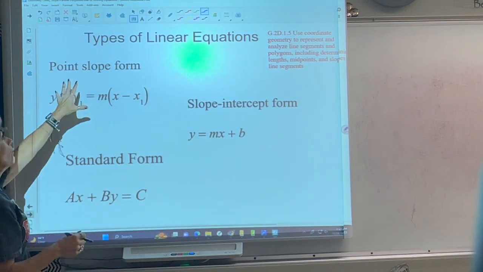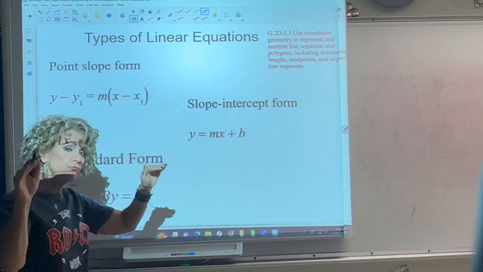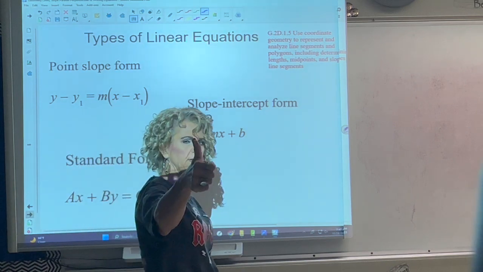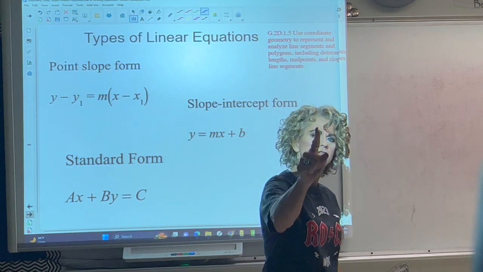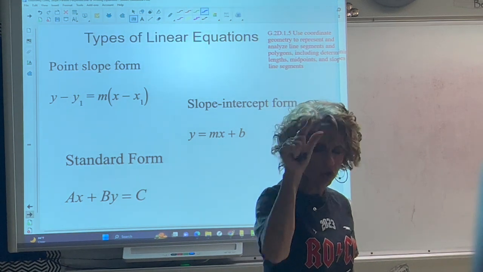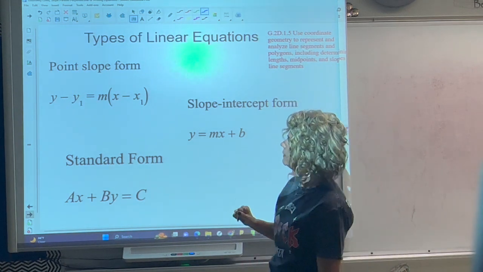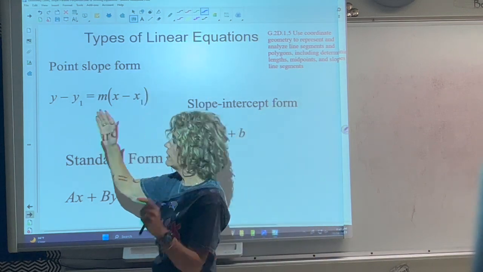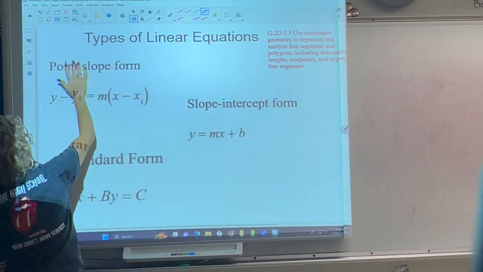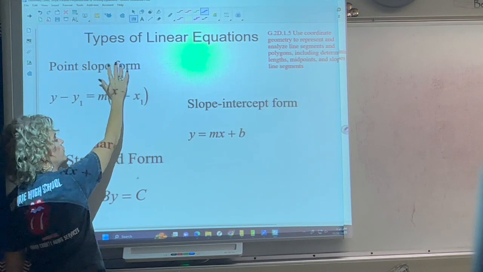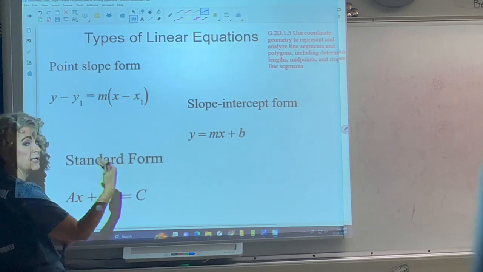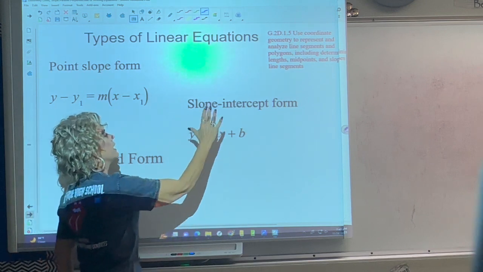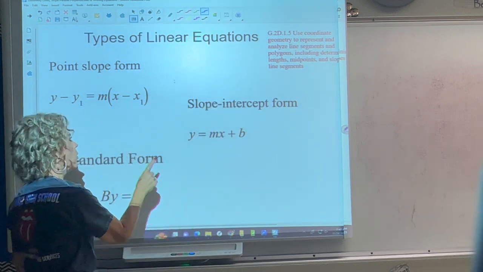For point slope form, all you need is a point on the line, any point on the line, and the slope. If you have the slope and any point on the line, you can write the equation of the line. I'm going to start you out each time, every time, all the time in point slope form. From point slope form, we can manipulate it into slope intercept form or standard form.